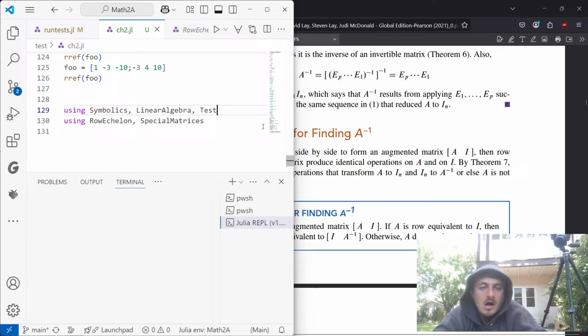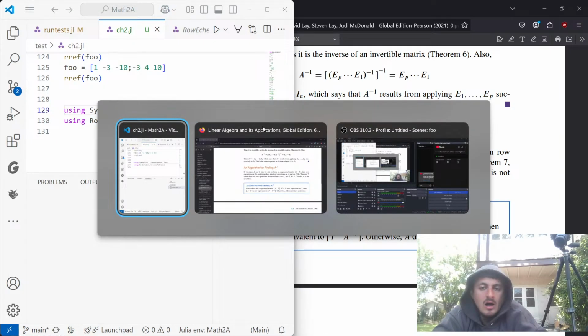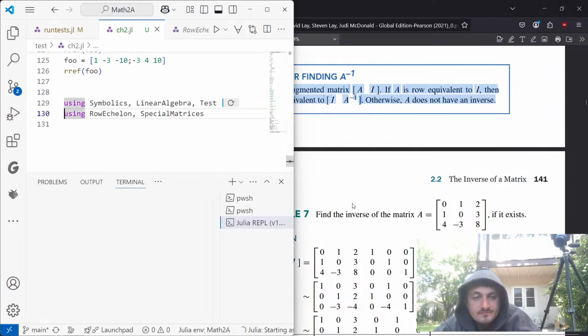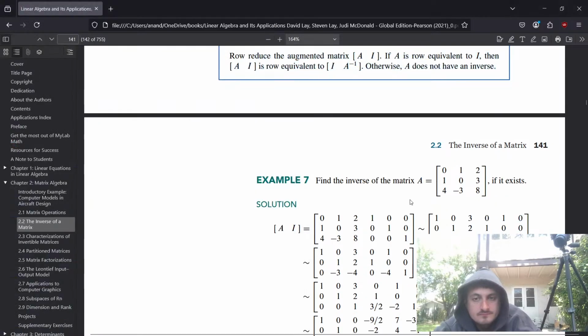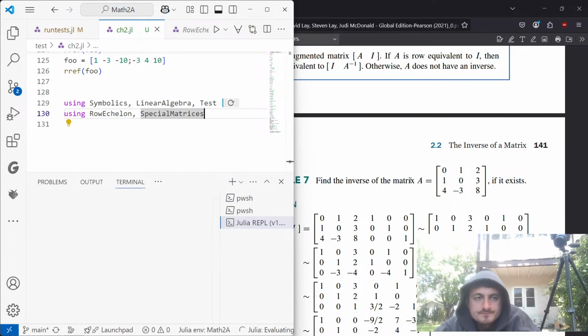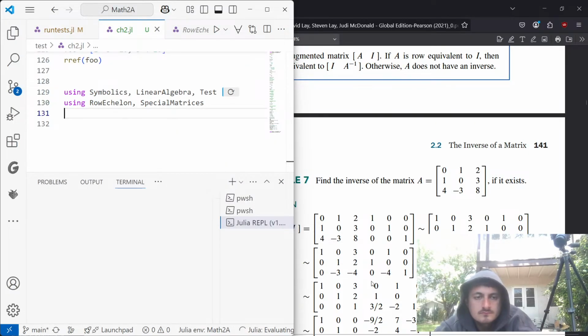Let's see. I wonder if that's gonna work. Dude, why is this thing always so slow?